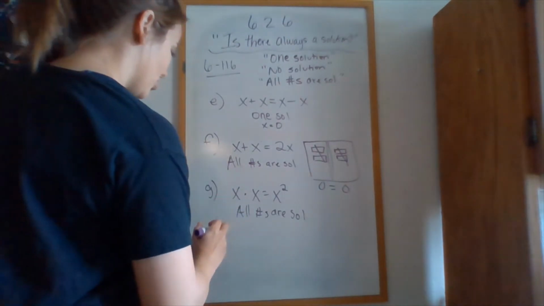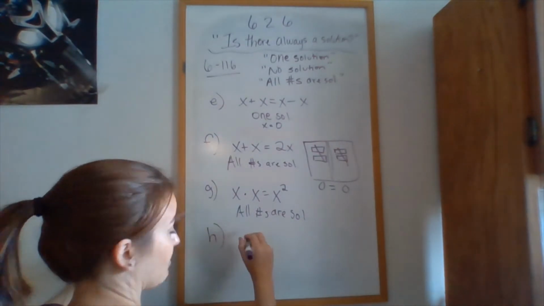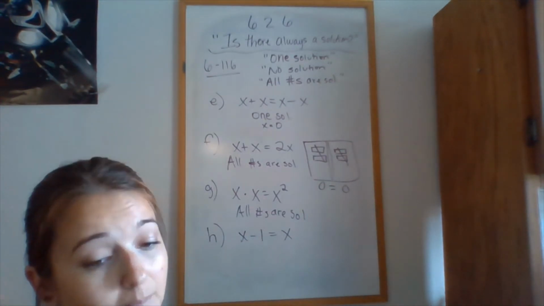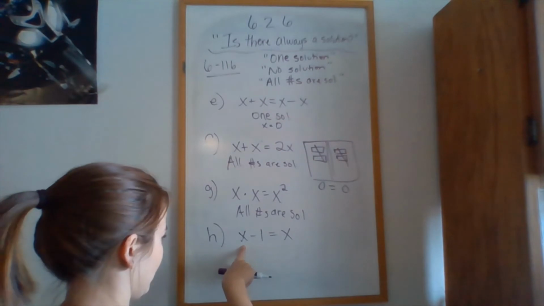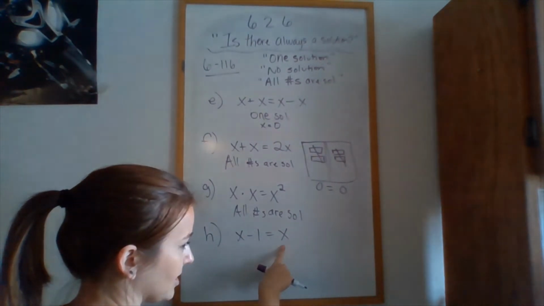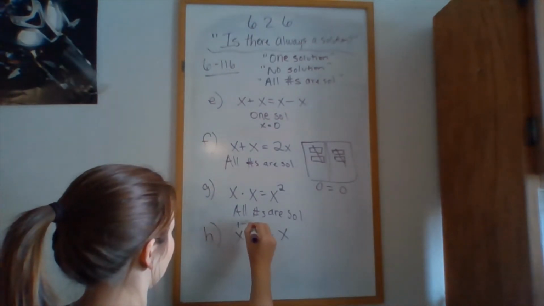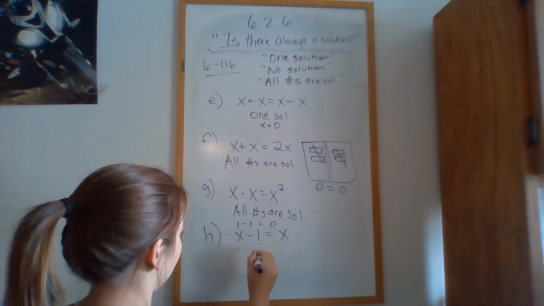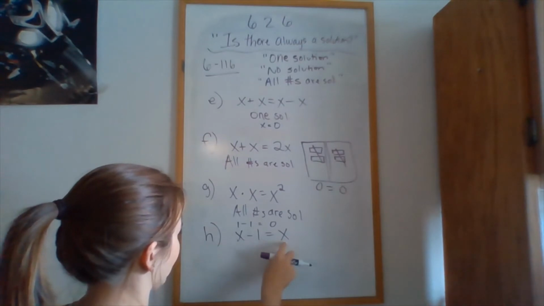Finally, part H. X minus 1 equals X. And I'm noticing if I plugged in anything for X and I minused 1, it would never give me X. It's always going to be 1 less than X. If I did 1 minus 1 equals 0, well, 1 doesn't equal 0 because this needs to match this.